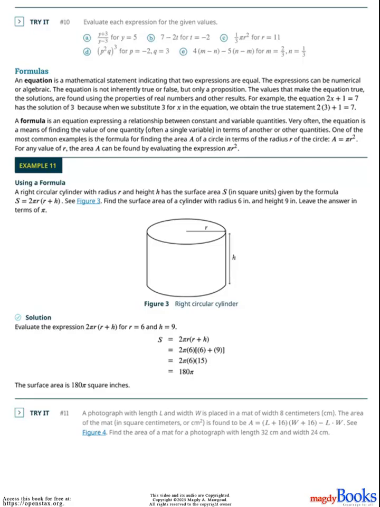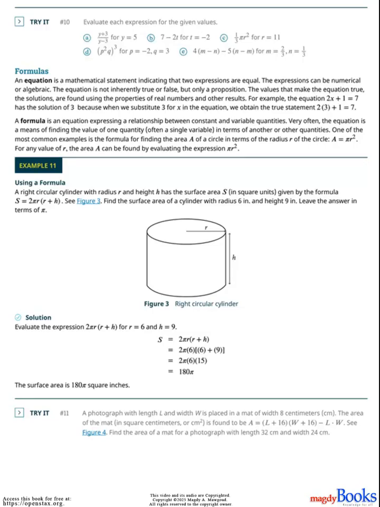S = 2πr(r + h) = 2π(6) × [(6) + (9)] = 2π(6) × (15) = 180π. The surface area is 180π square inches.